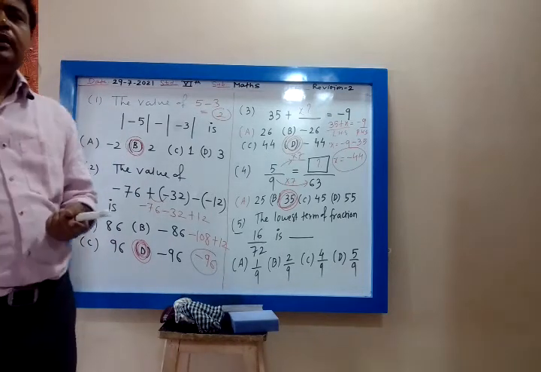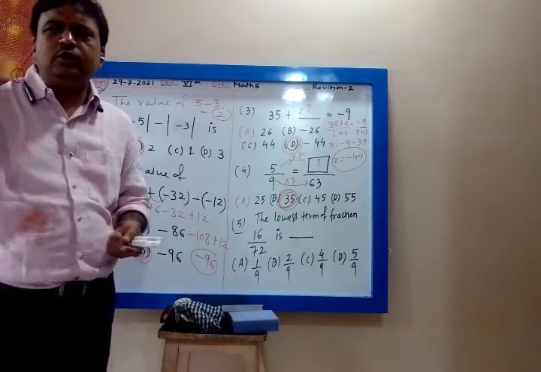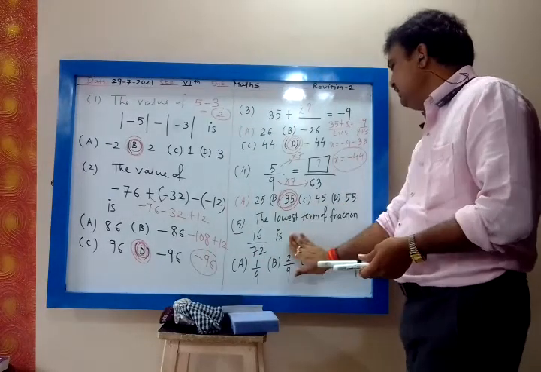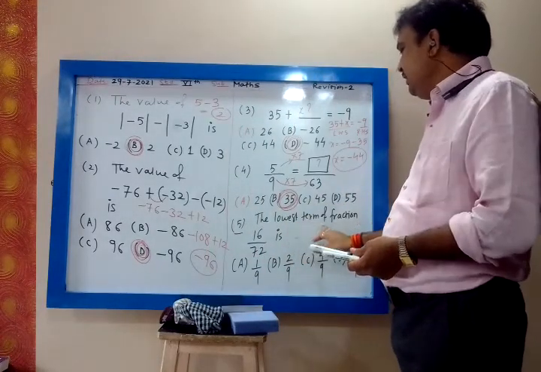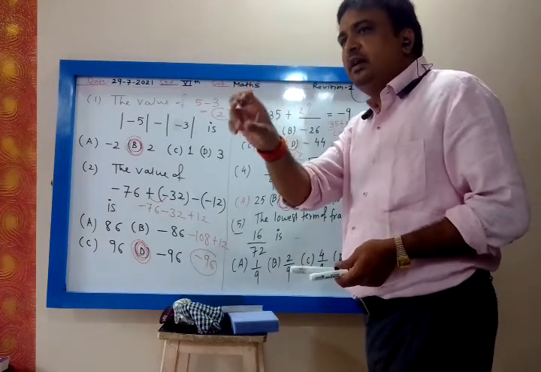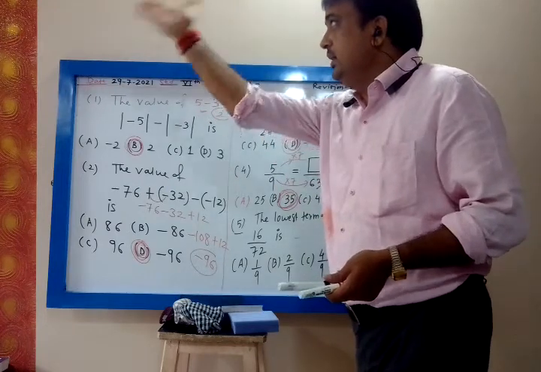Okay, one minute. So majority is telling 2 upon 9. Let us see what our answer is. To find the lowest term of a fraction, we have to cancel the common term of numerator and denominator.